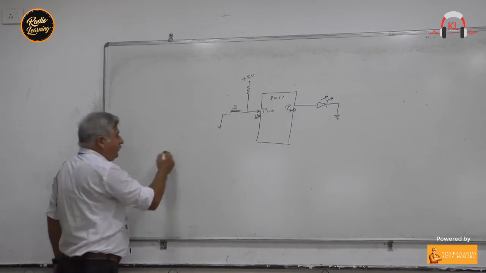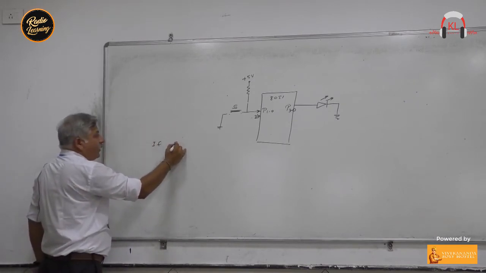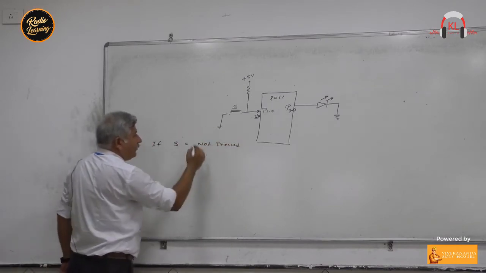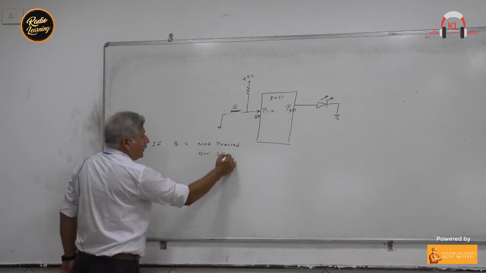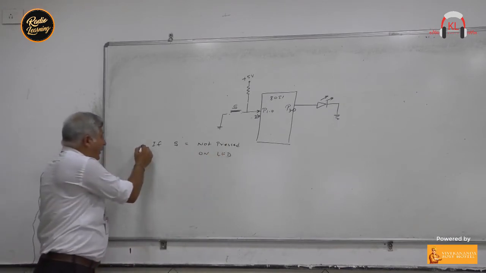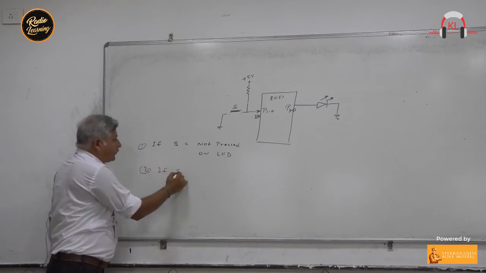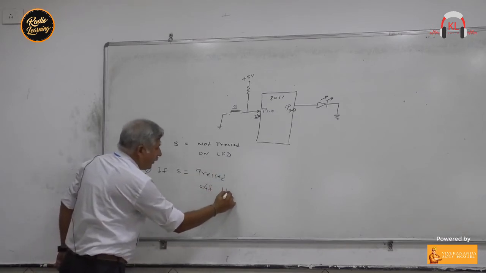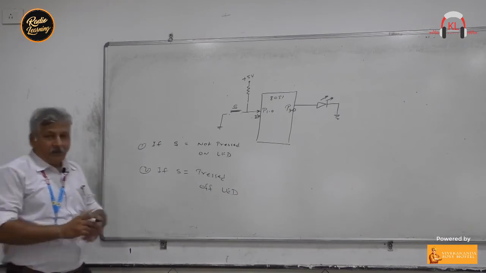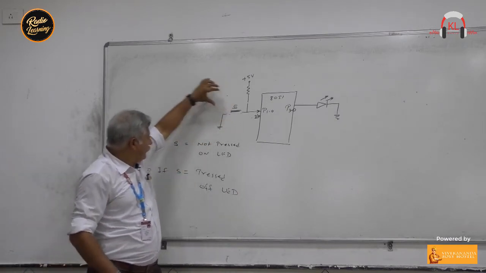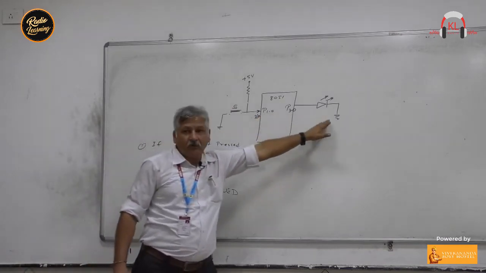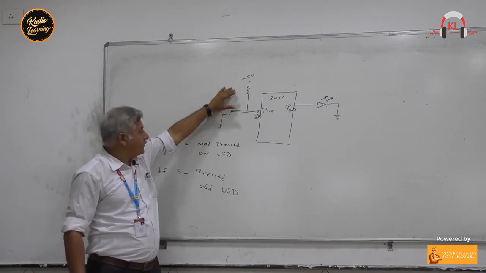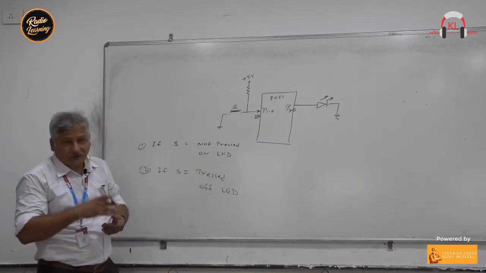So my aim here: if S is not pressed, the LED will glow, and if switch S is pressed, then the LED should be off. So whenever you press the switch, this LED should be off, and whenever we release the switch, it is not pressed, the LED should be on. We have to perform this operation, right?